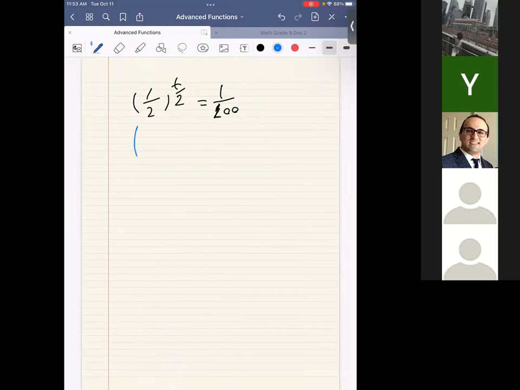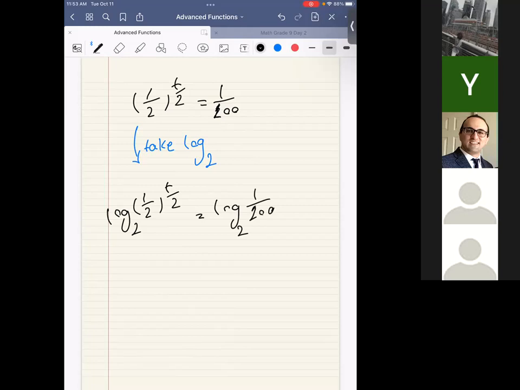If you take log with base 2, then you get log with base 2 of 1/2 to the power t over 2 is equal to log with base 2 of 1/100.